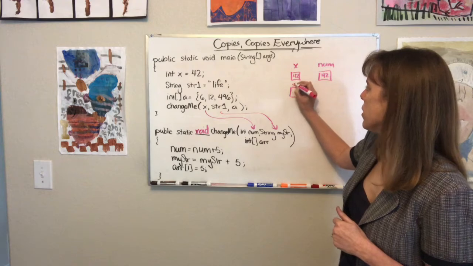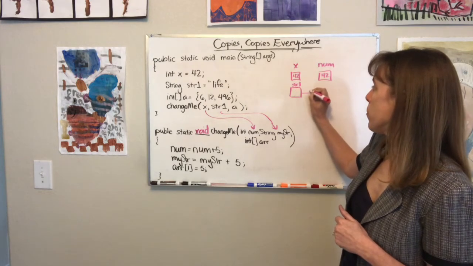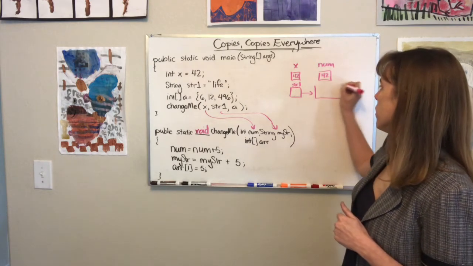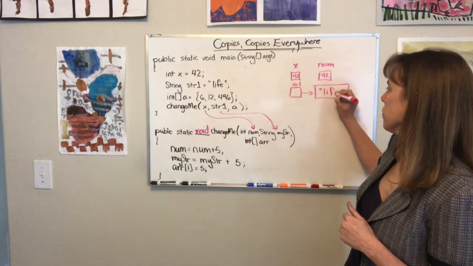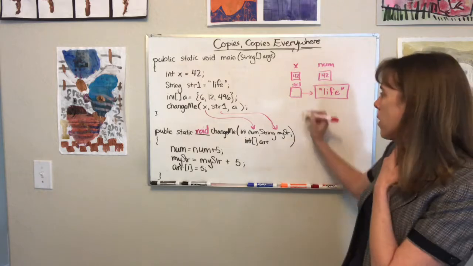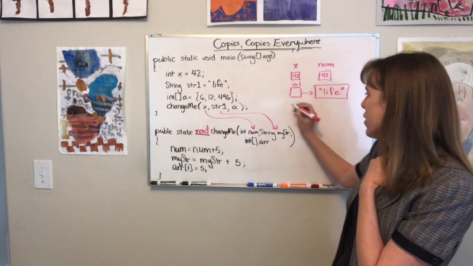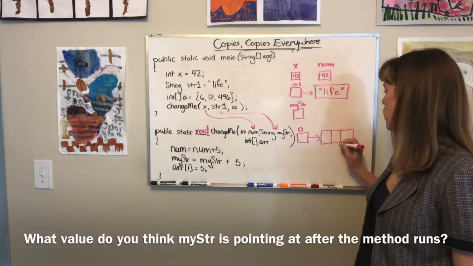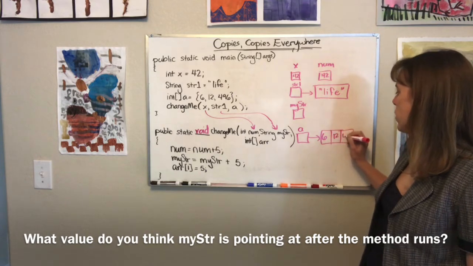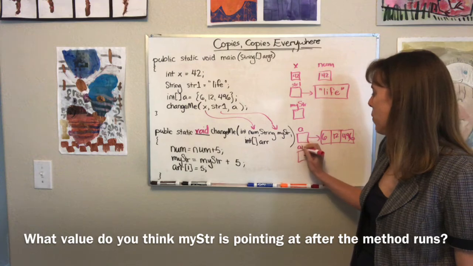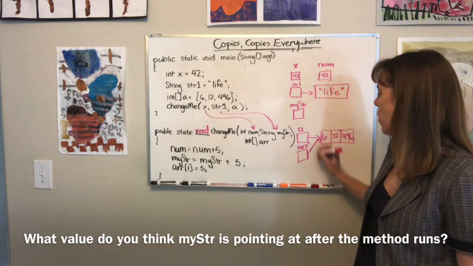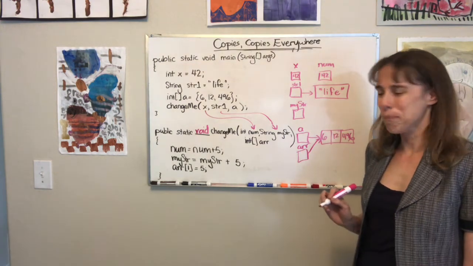It's an object, so it's aimed at a string over here, and that's got life in it. And then that got passed to my string. And then we had the array 6, 12, 496, and what we just learned is that r is aimed there.